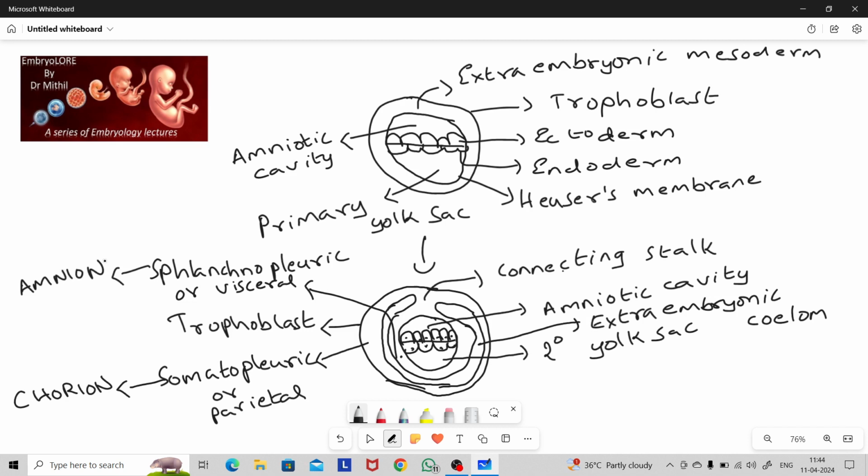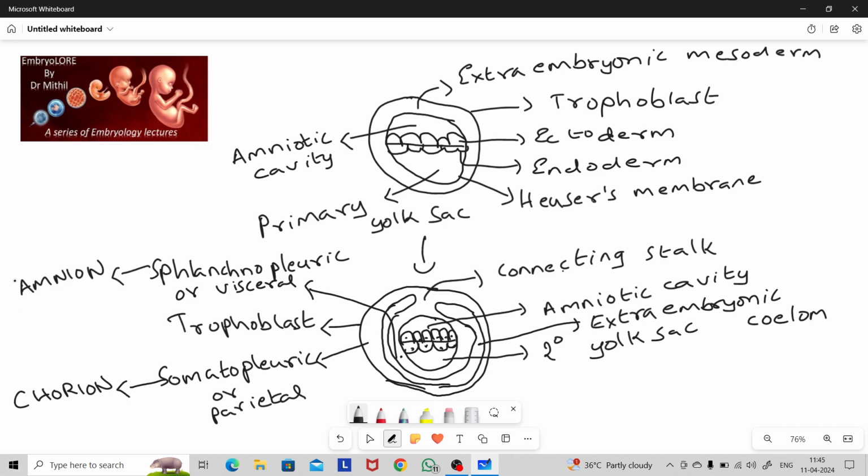Further, in the chorion the cavity occurs once again, and that is called the gestational sac or chorionic cavity, also called the extra embryonic coelom.